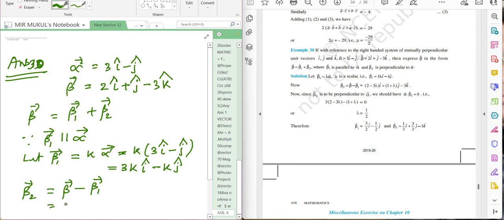Beta equals 2i plus j minus 3k, minus beta 1, which is given as 3k i minus k j.